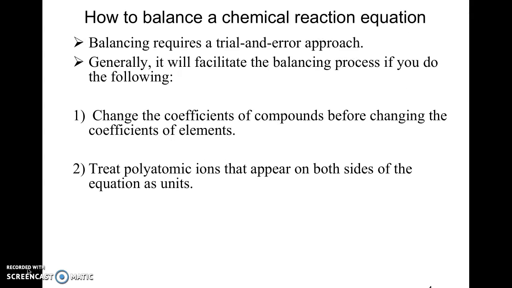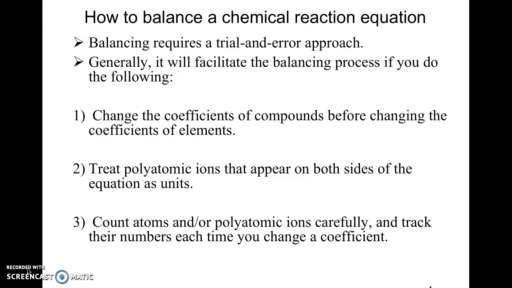If you have polyatomic ions, you generally want to leave them as a unit. So you wouldn't take sulfate and break it up into the sulfur and the oxygens. You would count it as a sulfate unit. And then the other thing is you want to keep track of all those numbers. If you change a coefficient, you have to change the number of atoms that you have.